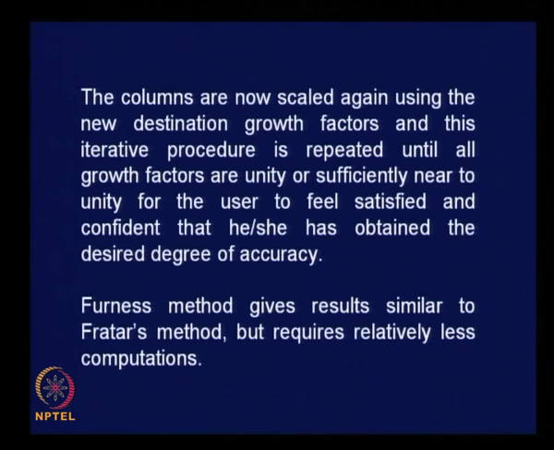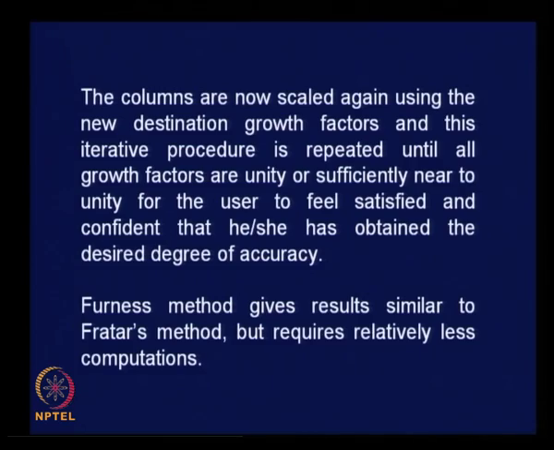So, Fratter proposed a method in 1954. After 11 years Furness came out with a method which is relatively simpler in terms of analysis, but still gives you the same result. Okay. And in practice people make use of both the methods, I would say.